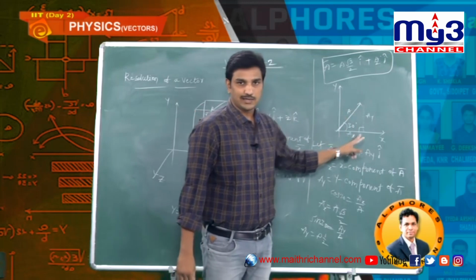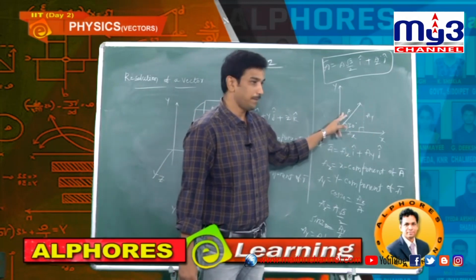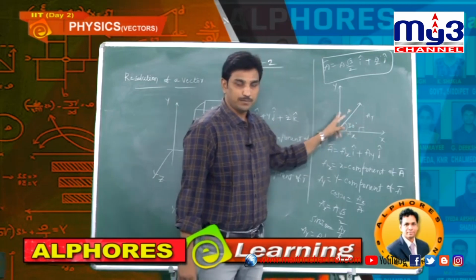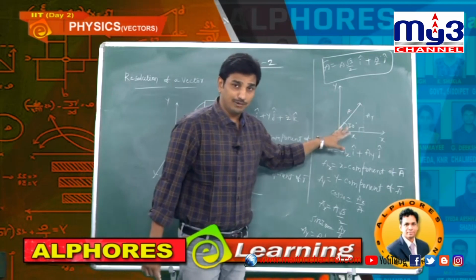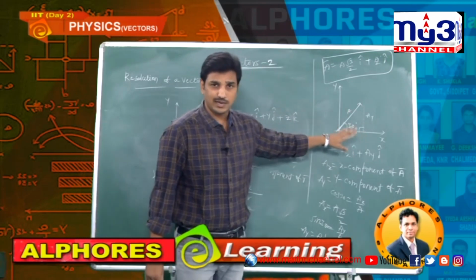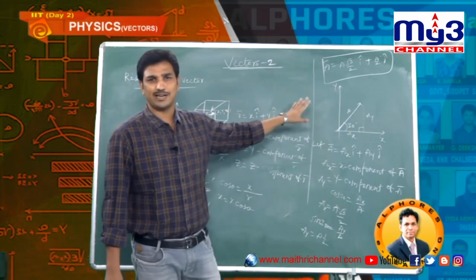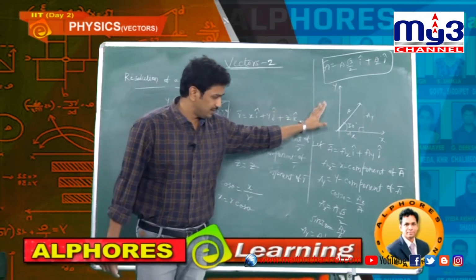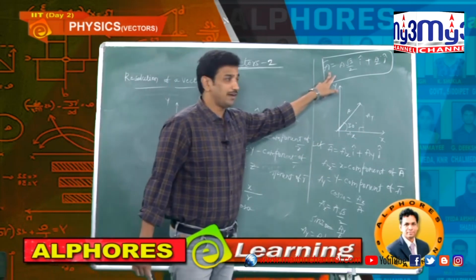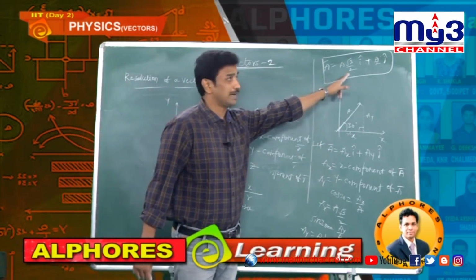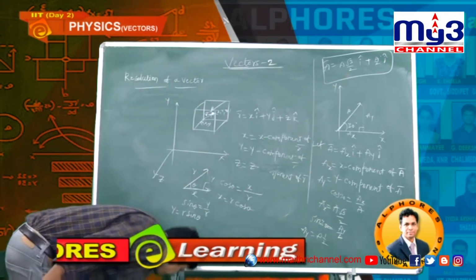I took a right angle triangle and used trigonometry: cos gives Ax by A, sin gives Ay by A. By taking the help of cos and sin values, I derived the Ax and Ay values and substituted them there. Finally, I got the vector. Initially I didn't know the vector, but after taking the help of this vector resolution concept, I got A bar as root 3 by 2 A i cap plus A by 2 j cap. I think you got clarity about this.